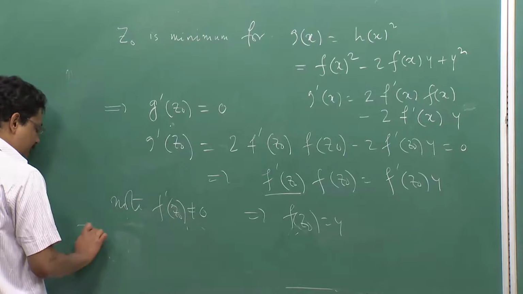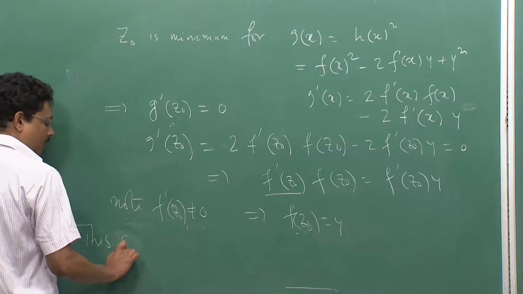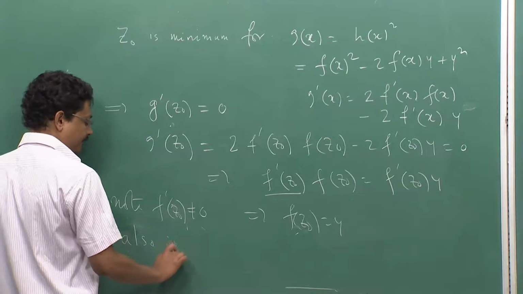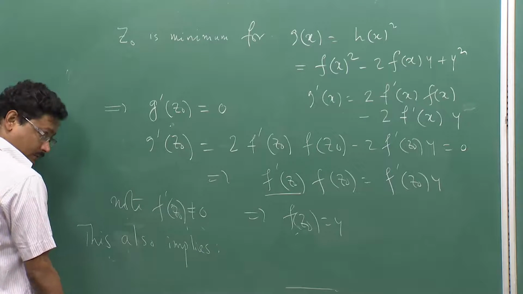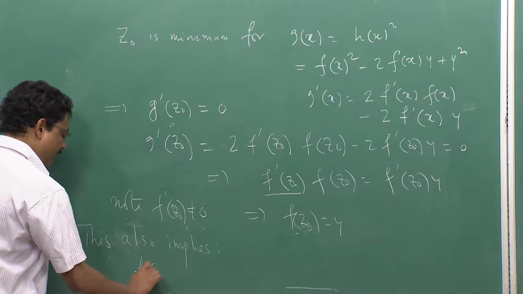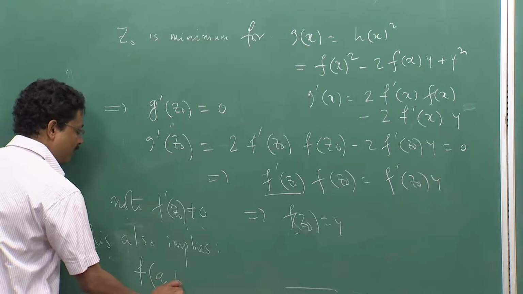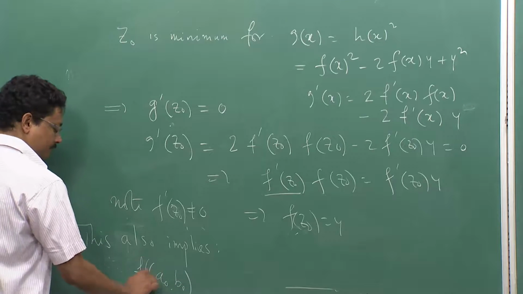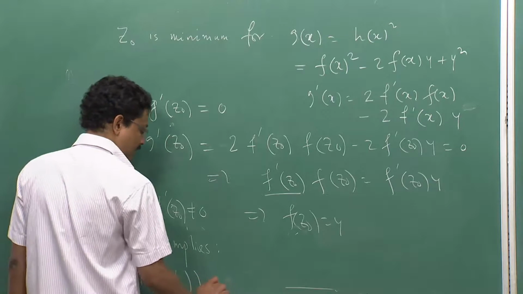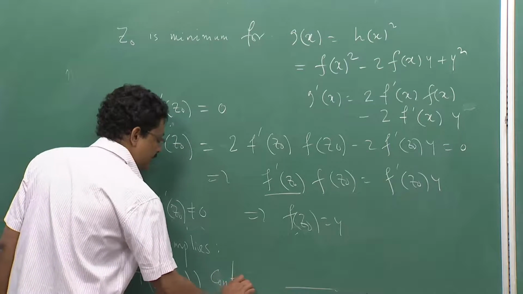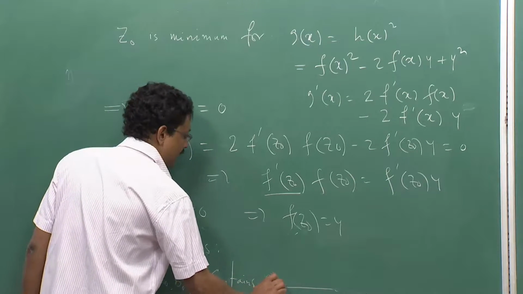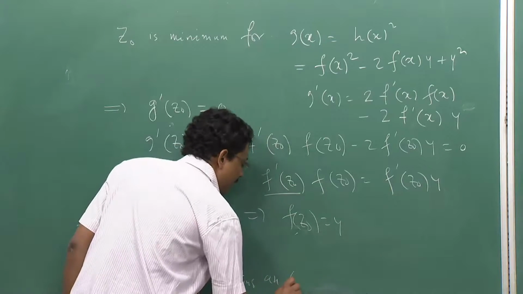And from this it also follows that f of a naught b naught, this entire interval, contains an open interval.